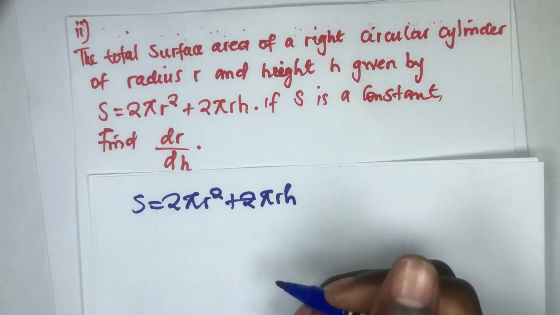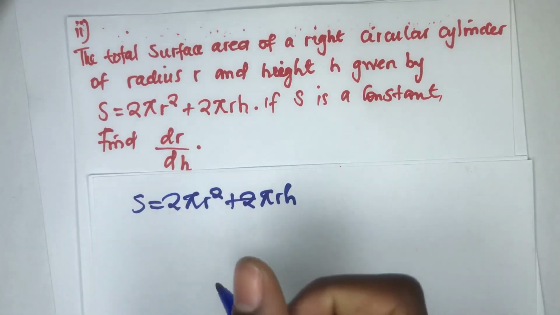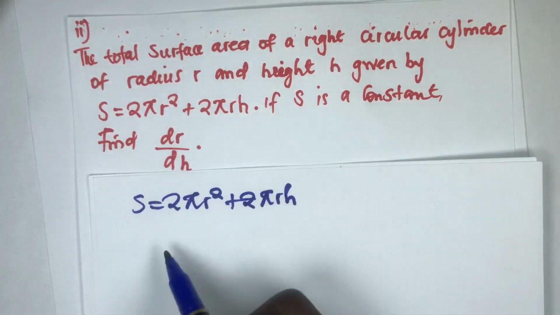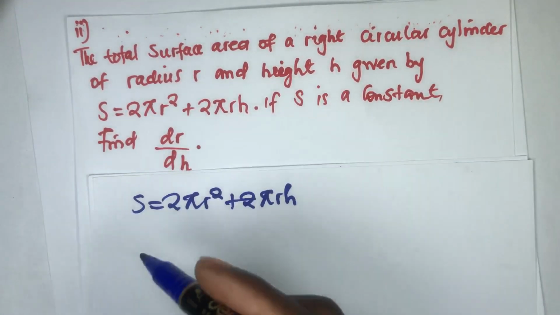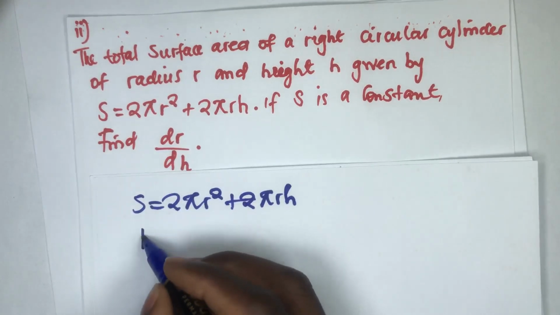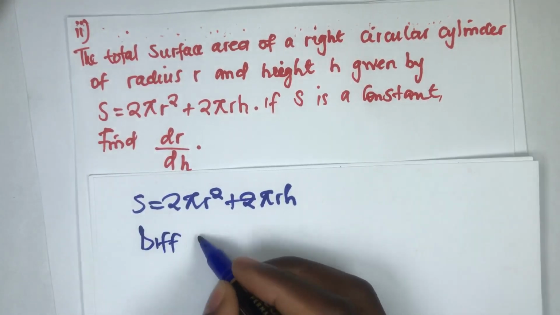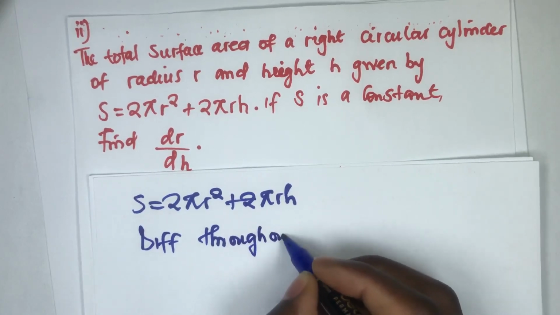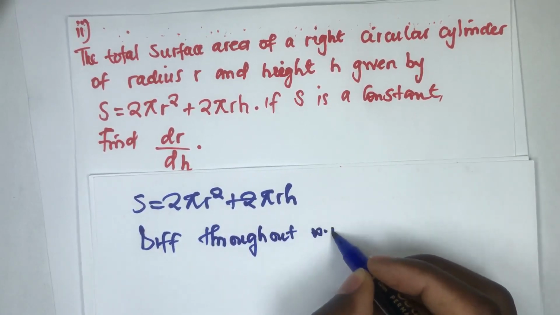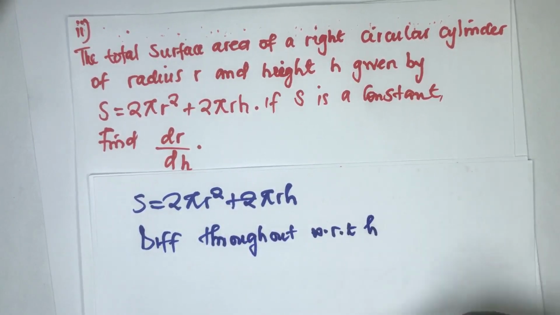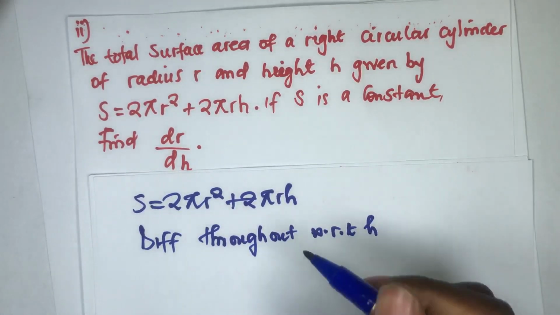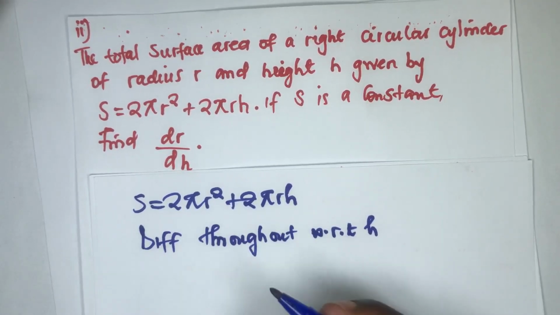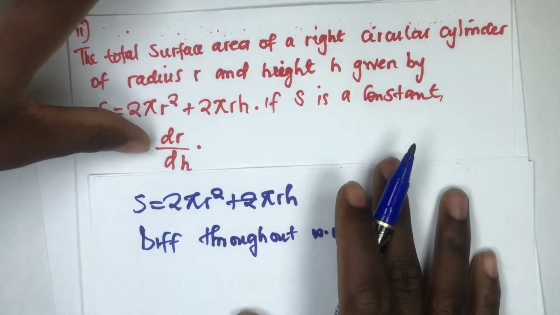Now how we solve this: we're going to differentiate throughout, because we've been taught that to find dr/dh, we differentiate this whole expression with respect to h. So we put a statement there: differentiating throughout with respect to h. We show that we're differentiating this expression with respect to h.